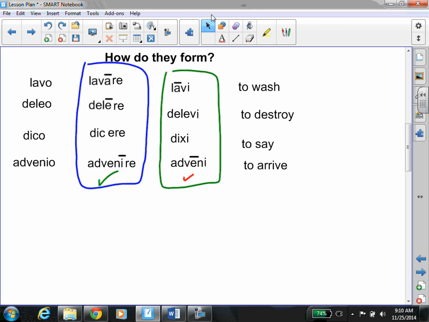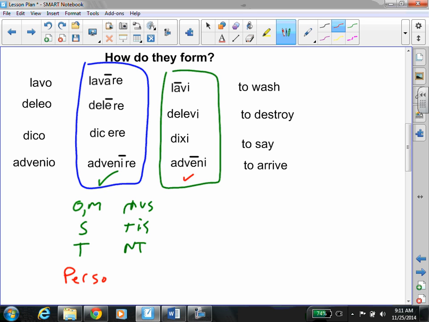Now we have to remember that the present stem uses O and M for the first person singular, S for the second person singular, T for the third person singular as endings. We saw that. It also uses mus, tis, and nt. It uses those as what we call personal endings.